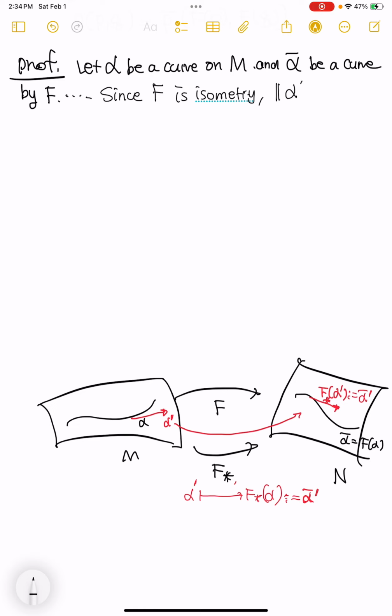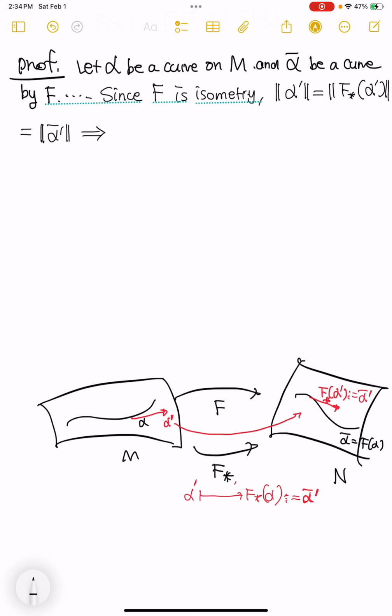So that is equivalent to alpha bar prime.